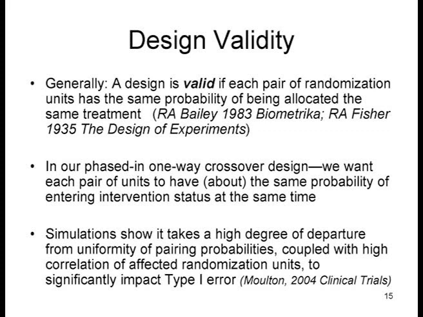Not 1 in 50 trialists, and I know I've surveyed them, understands the flip side of that, which is what makes a valid design. A valid design talks about how units are linked or not in terms of the randomization. And in a completely randomized design, it comes down to whether or not every pair of randomizations has the same probability of being in the same treatment arm.